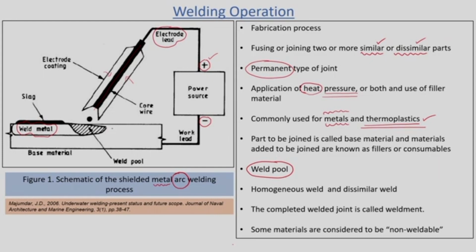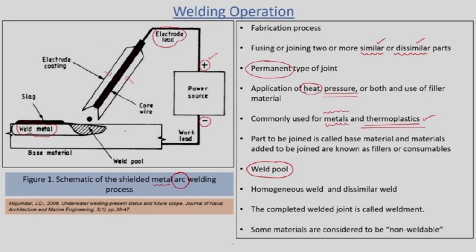When the materials get melted, there is a deposition of the electrode material in the gap between these two materials which we want to join. All three parts are melted: the parts which are to be joined as well as the electrode rod which we are using as the filler material.